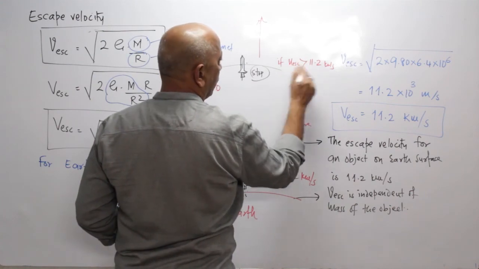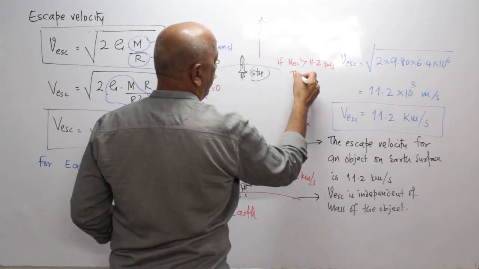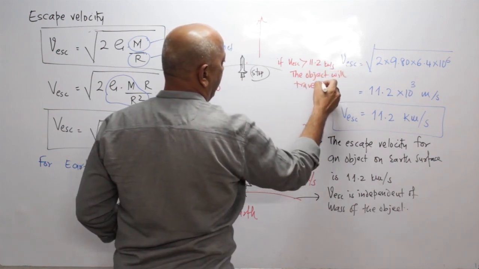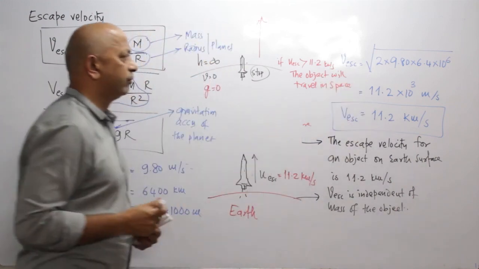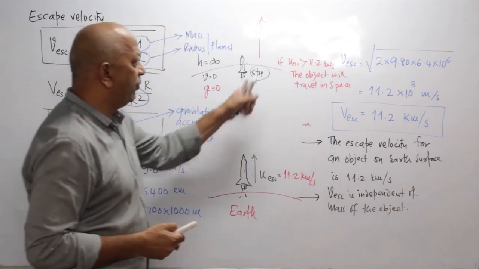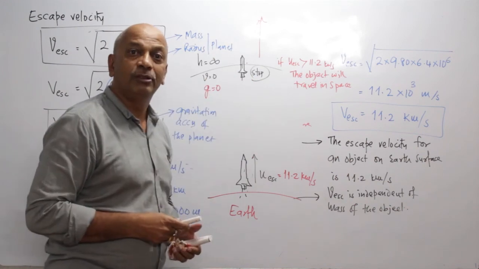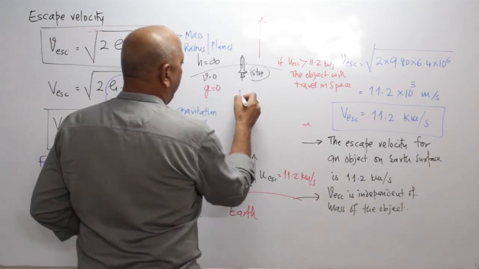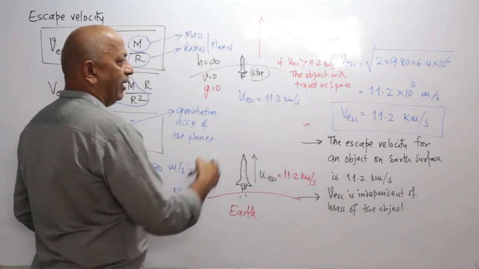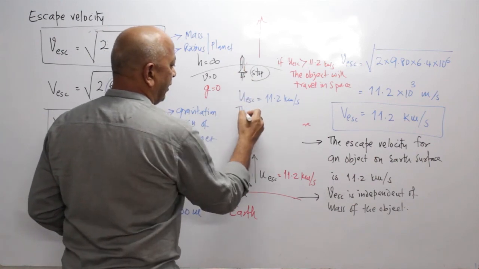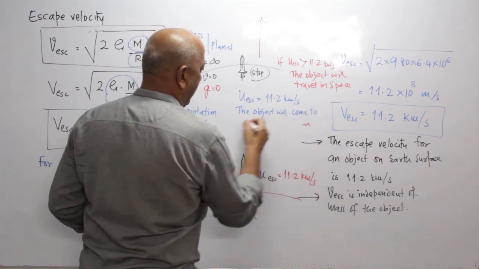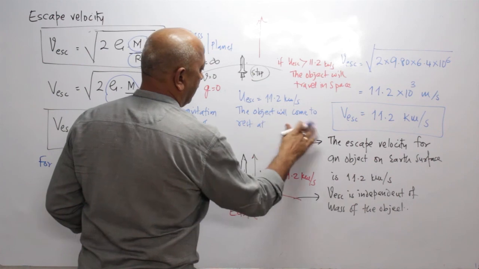So the object will travel in space. If the V escape is greater than 11.2, the object will not stop here, it will travel in space. If V escape is equal to 11.2 kilometers per second, the object will come to rest at infinity.